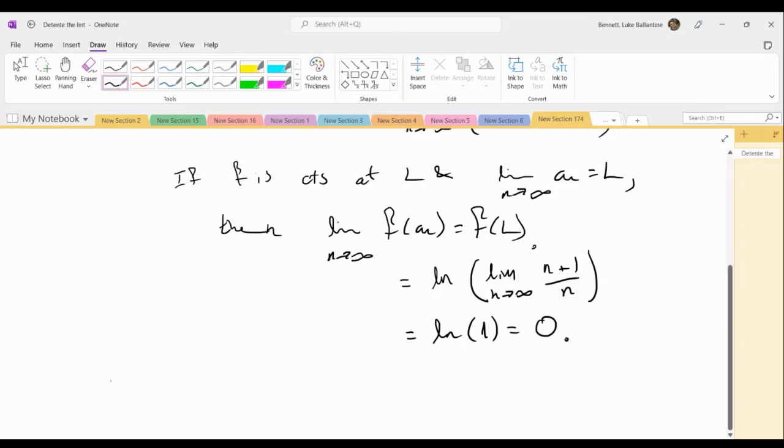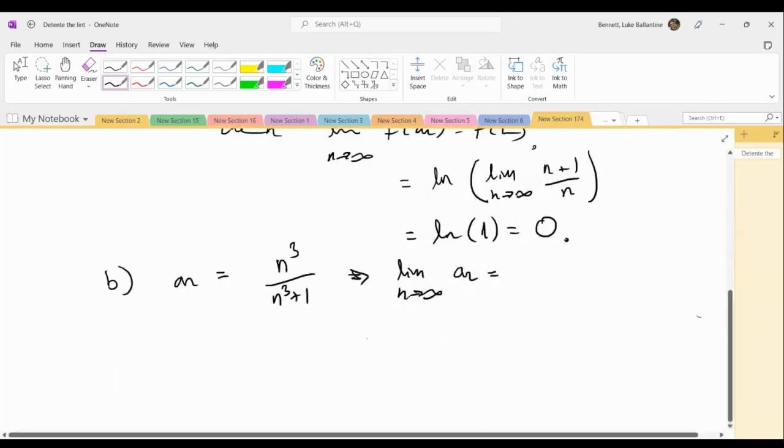And then B. If we have a(n) equals n cubed over n cubed plus 1, then the limit as n goes to infinity of a(n) is equal to, I guess I'll work this out like how we did in Calculus 1, where we have a special one that we multiply by.